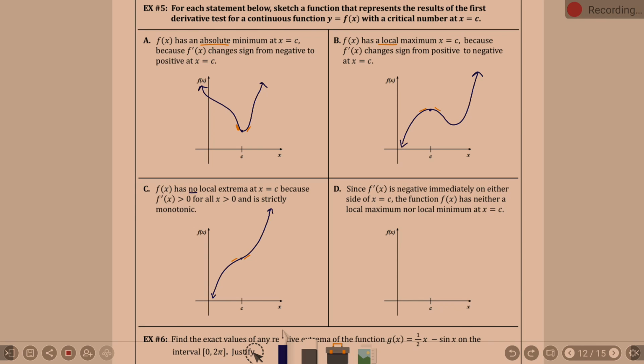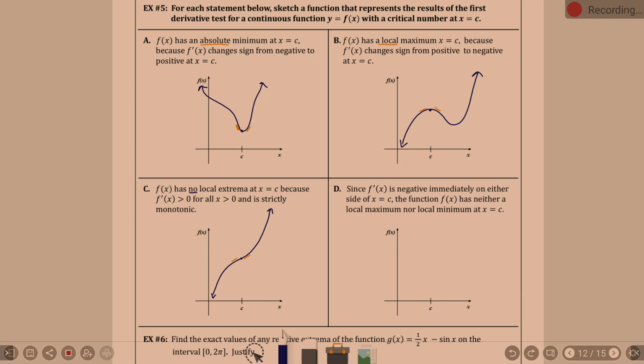Okay, so let me retract that statement about it being a straight line, because what did it say up top that c was? C is a critical number. And on a straight line, you're not going to just have a random critical number in the middle. Something needs to be happening. So if there's not a min or a max, it's probably some type of inflection point.